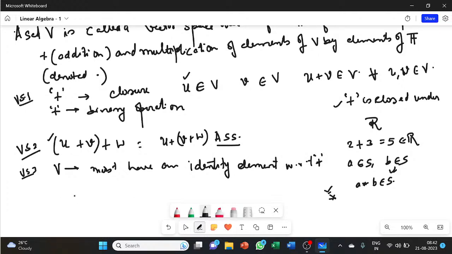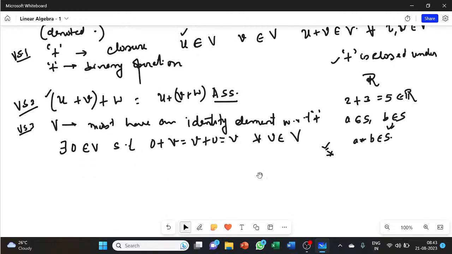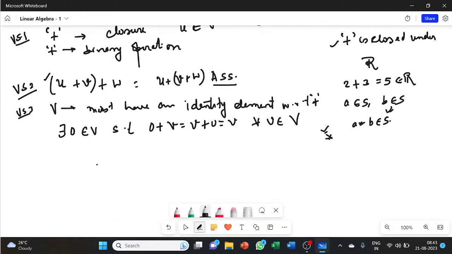That is, there would exist a null element 0 belonging to V such that 0 plus v is equal to v plus 0 is equal to v for all v belonging to V. Just remember all these things you've done in R square. So R square indeed forms a vector space. That is what we are going to see.